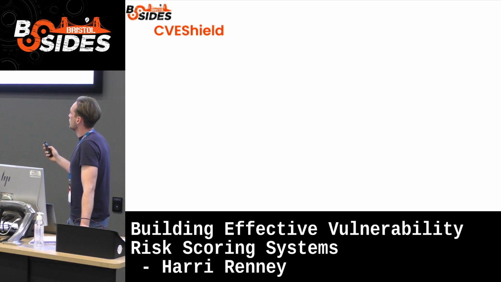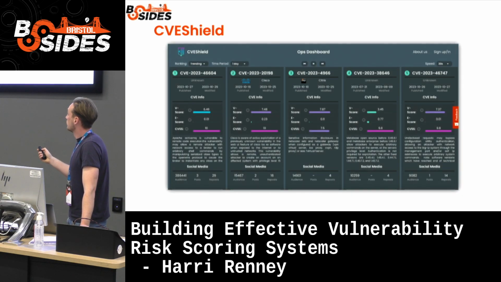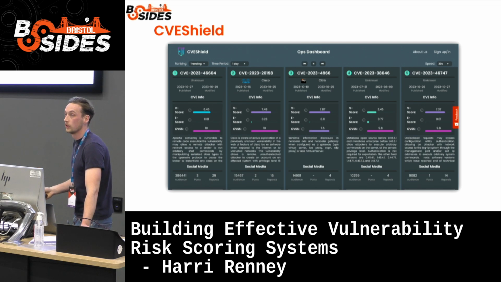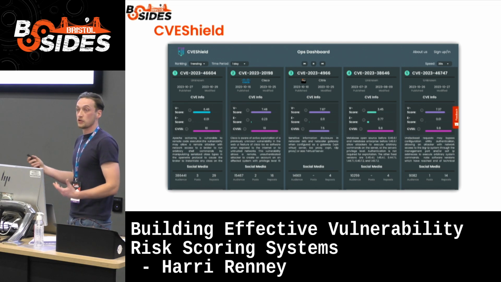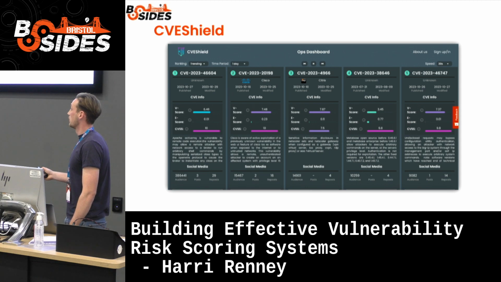The company, K's, also have some free services online. One's called CVShield. So you come on here, and this is our ops dashboard for looking at trending vulnerabilities on social media, with the tweets that you can go and look at, but it also shows you the score we built with that risk formula approach, called the V score, CVSS, all the kind of details provided on here.